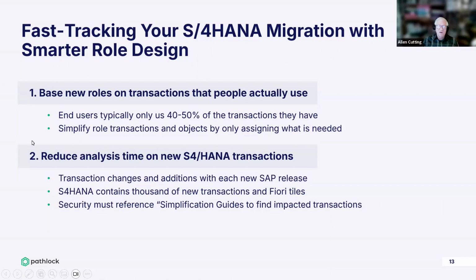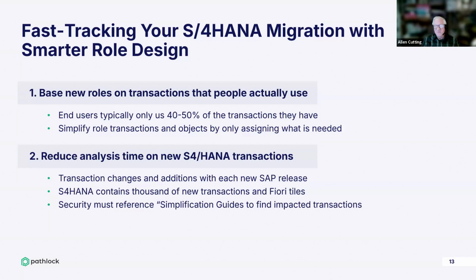A second method is to reduce the analysis time that you spend on figuring out what the S/4 new transactions are. SAP changes transactions and makes additions with each new SAP release.